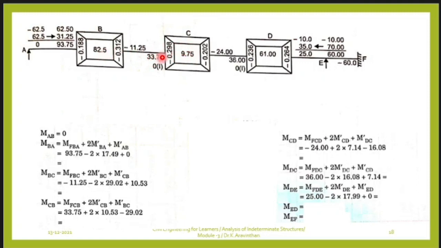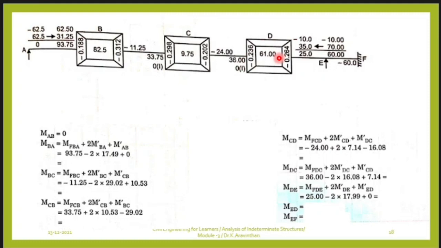Fixed end at CB and plus CD: 33.75 minus 24. You will be getting 9.75, and finally DC and DE, 36 plus 25. Your answer will be 61. So this is the figure.